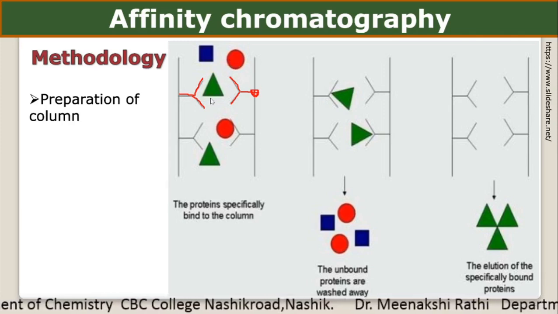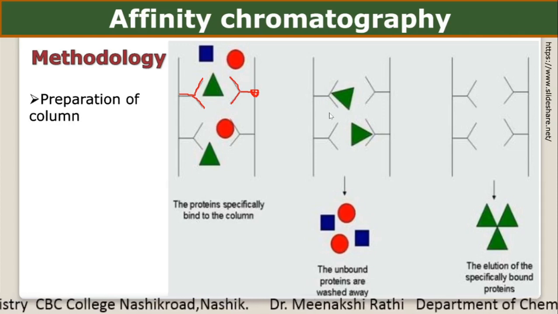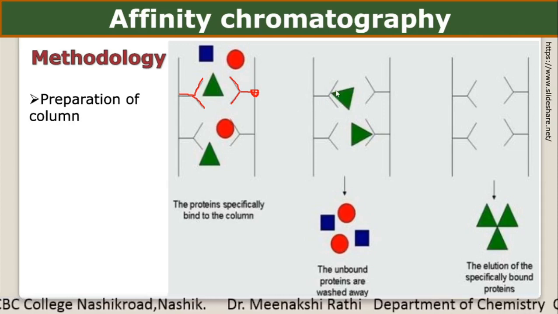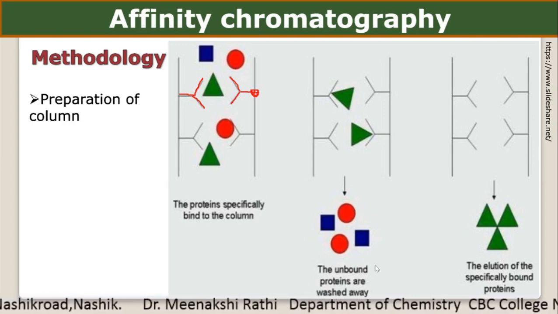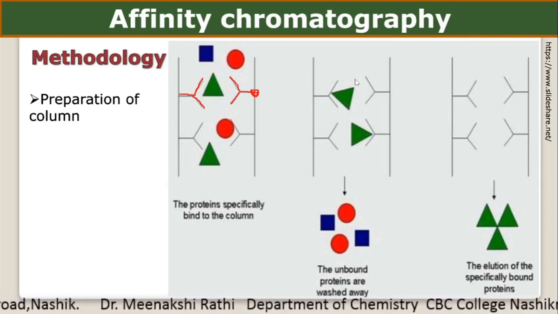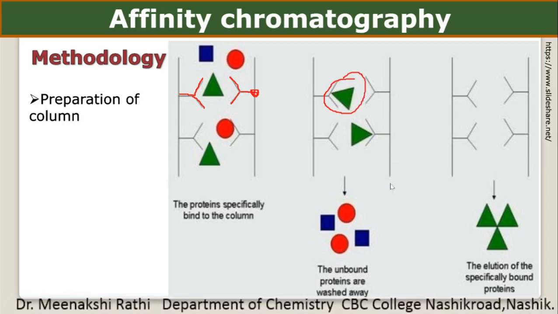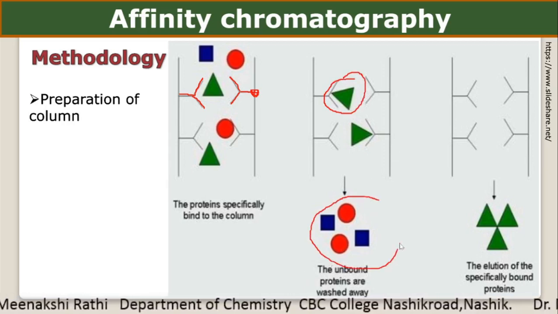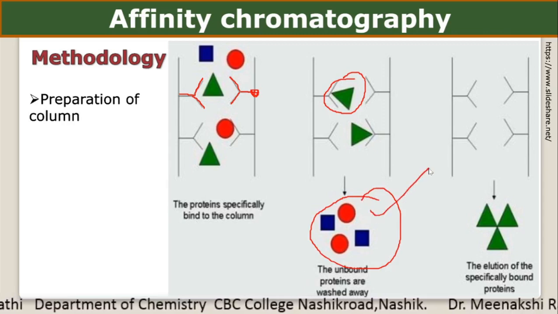Now we can see that only triangular shaped proteins can get properly attached to this shaped ligand. The proteins get bound to the ligand, while the unbound proteins are removed or washed away. These are unwanted, so these are washed away.